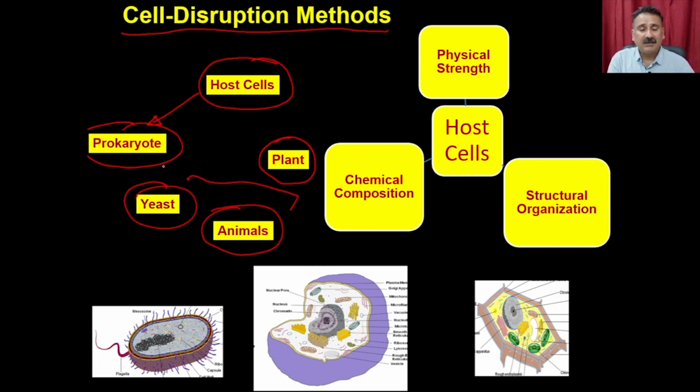Depending on the composition of these host cells, you can devise different types of disruption methods. You can have disruption methods which challenge the physical strength of these cells, or methods which destroy the chemical composition of these cells, or methods which destroy the structure of the cells so that the cells break open.